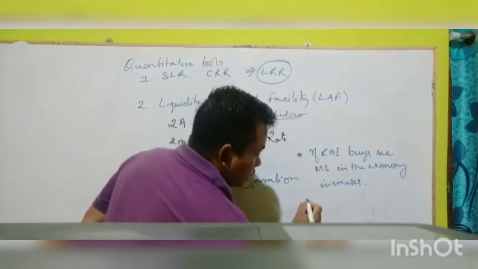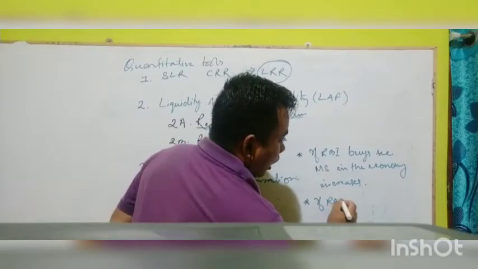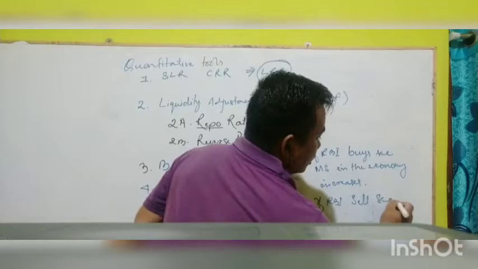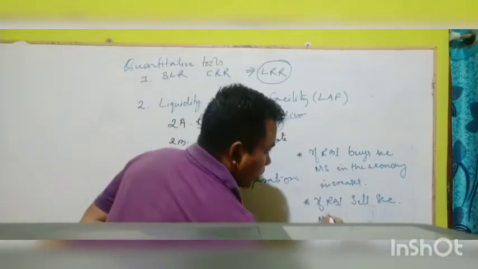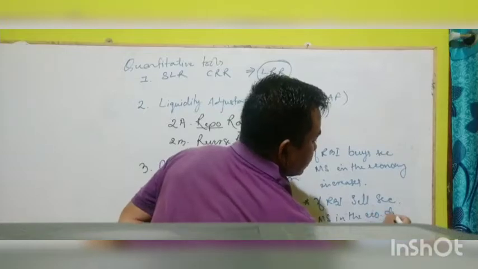A little bit opposite: if RBI sells securities, money supply in the economy decreases.